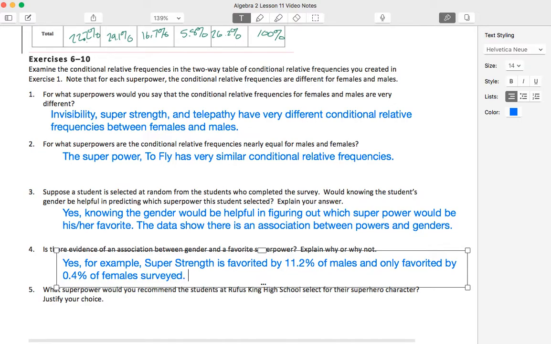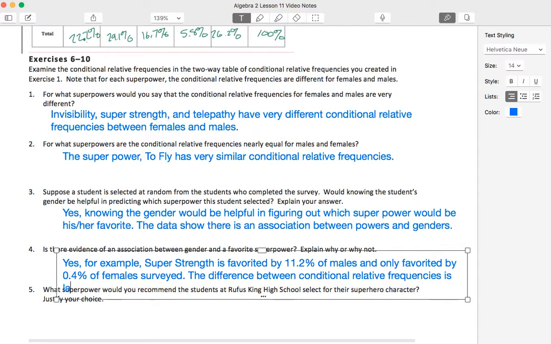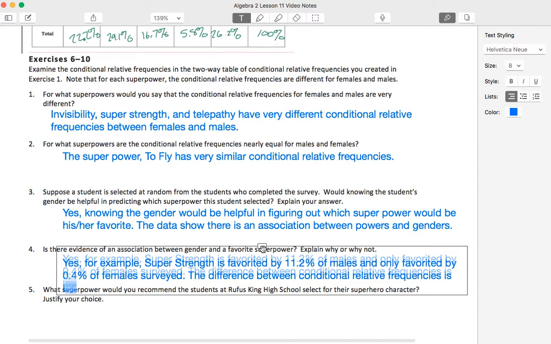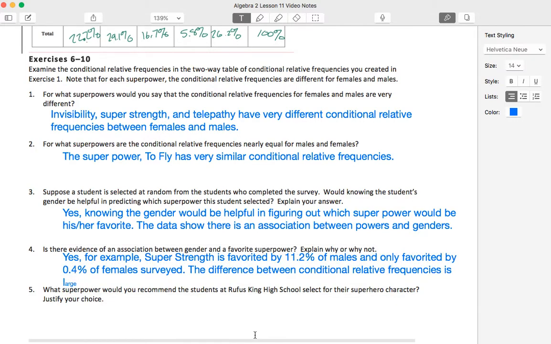That's a big difference. Okay, this is large. I said the difference between the conditional relative frequencies is very large.